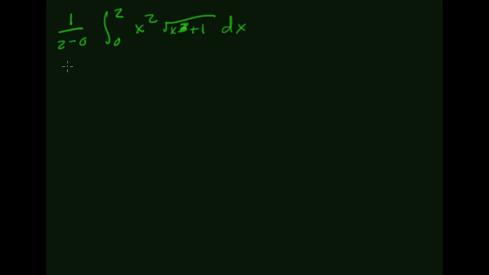So this is u substitution. Make u equal x cubed plus 1. Du dx is 3x squared. So dx is du over 3x squared.